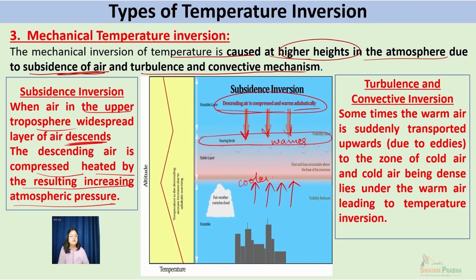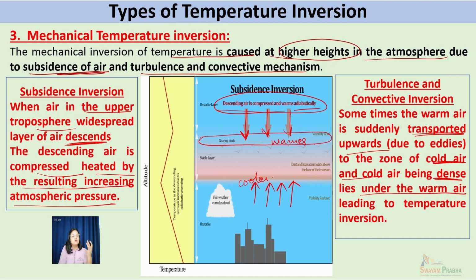Next is the turbulence and convective inversions. Sometimes the warm air is suddenly transported upwards due to eddies or other sudden phenomena in the atmosphere to the zone of cold air, and the cold air, being denser, lies under the warm air, leading to temperature inversion conditions. These phenomena generally happen in areas where there is a lot of atmospheric disturbance and activity.